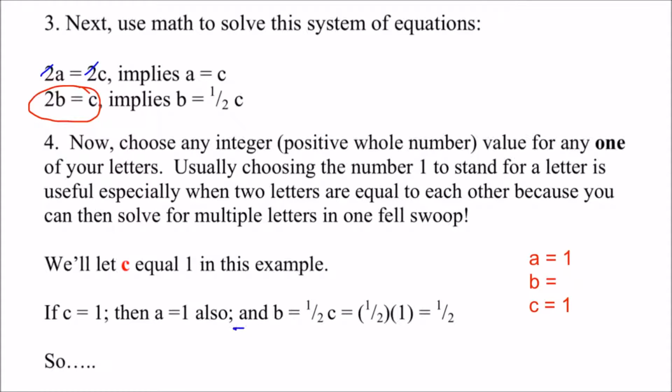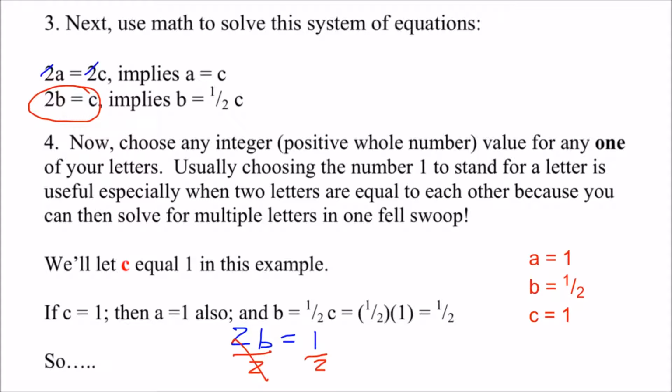So we're going to say 2B equals 1, because right here 2B equals C, and we've said that C equals 1. Now we just need to solve for letter B. So we're going to divide both sides by 2. That means that B is going to equal 1/2.